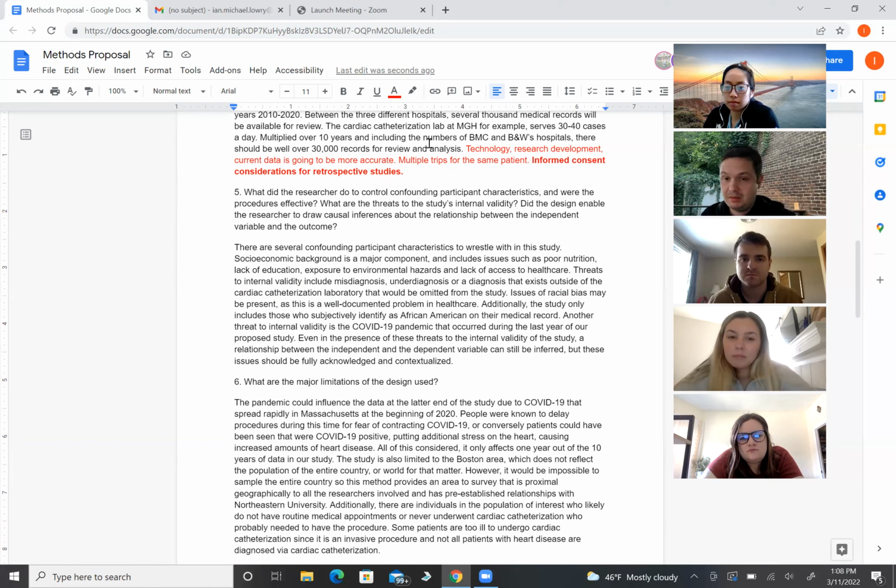It would probably be inappropriate to count 10 cases of heart disease in that one patient. So that's a really good consideration, especially because those patients would be coming in more often than patients without coronary heart disease, most likely. I agree.